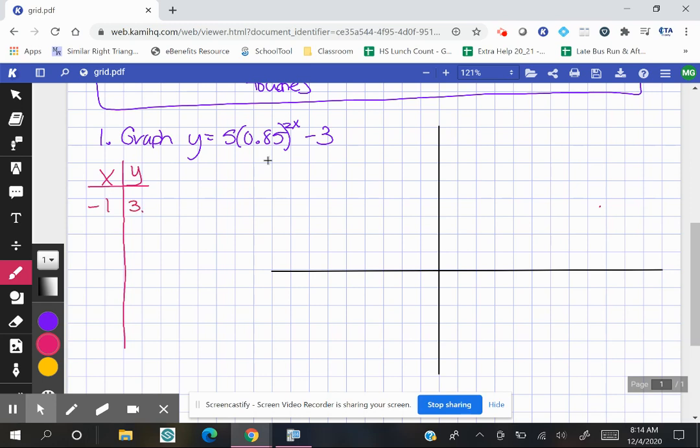So I've got -1, 3.9204, 0.2. And we're just going to have to estimate where these are on the graph since we do have a lot of decimals right here. But that's okay. We just estimate about where they would fall, and we'll still get a nice graph.